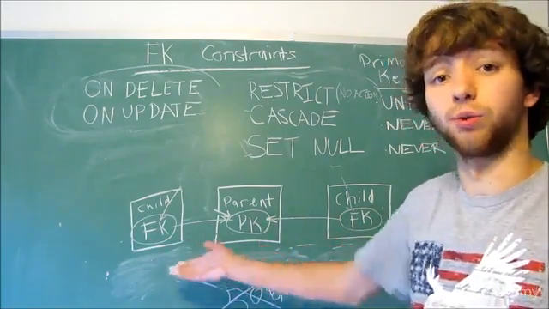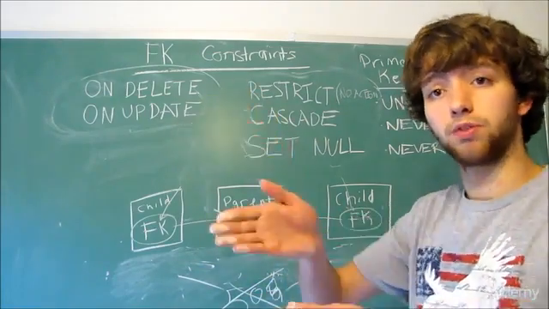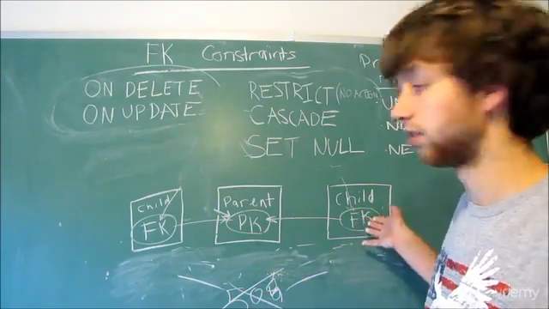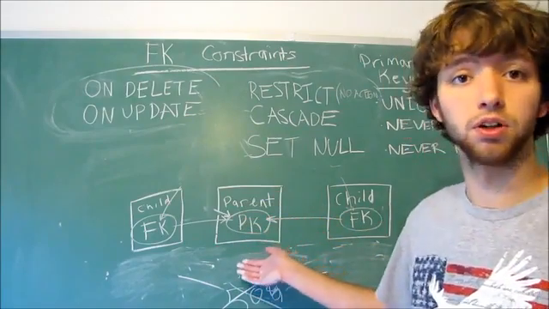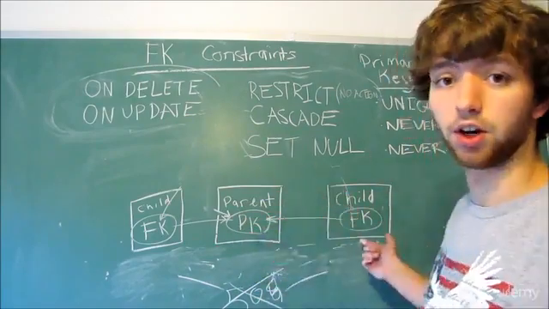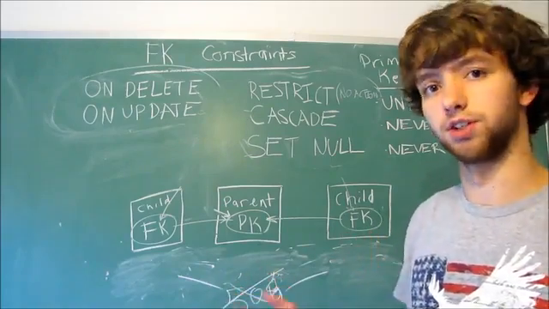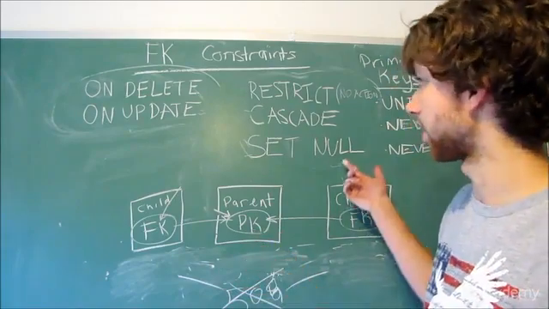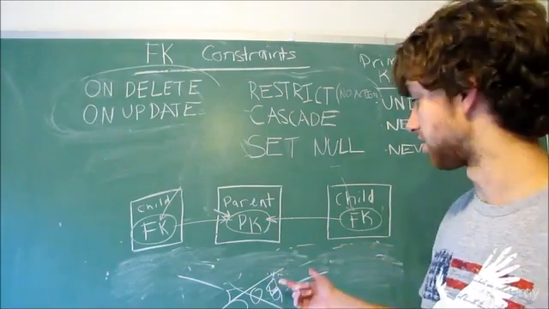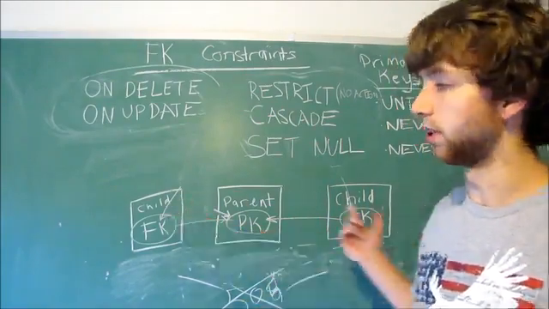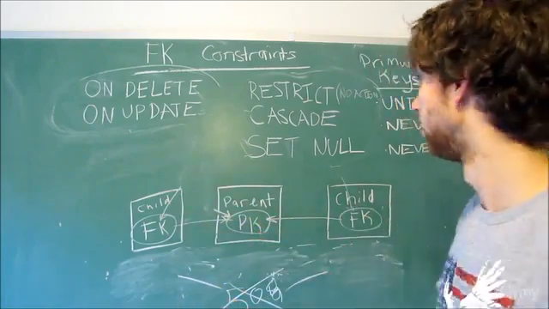So let's say we have a comment from Billy Bob with the ID of 504; if we delete that, we're going to have a comment with no poster or commenter at all. It's just no value. That's what set null will do if we use on delete. On update, same thing. If we change the ID of the parent from 504 to 508, all of the children are going to be set to no value as well.